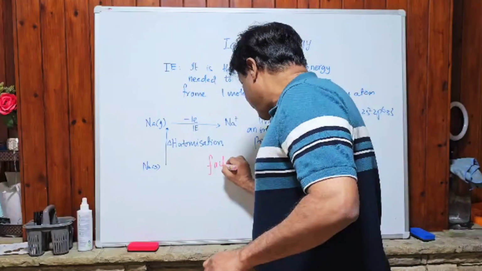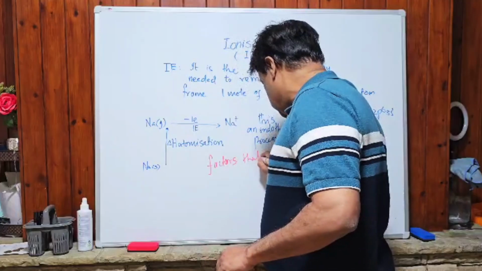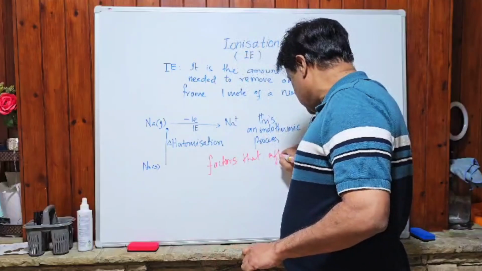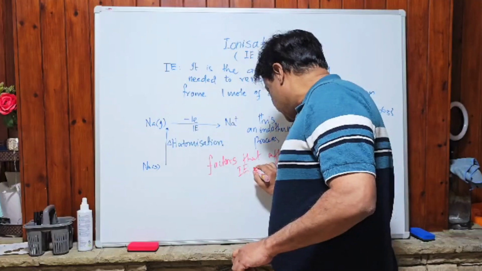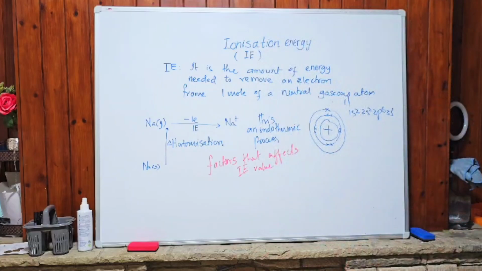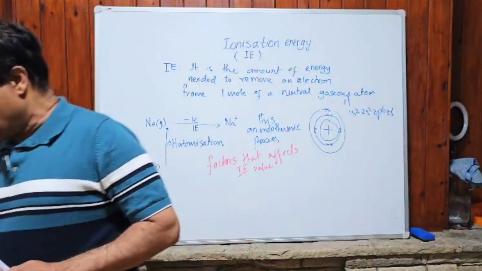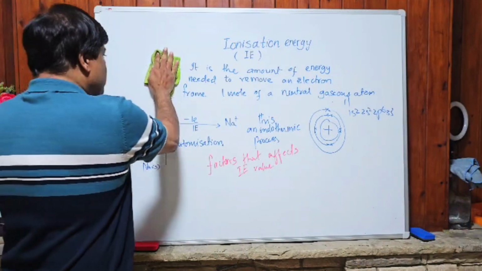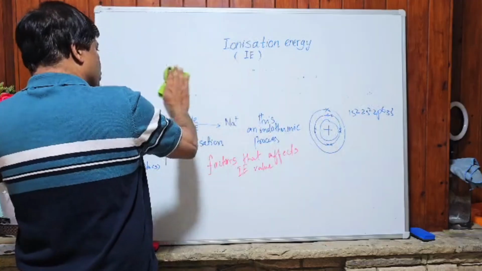Factors that affect IE values. Any idea? First one is atomic size or atomic radius. We will see what happened to the atomic size or atomic radius across the period or down the group.